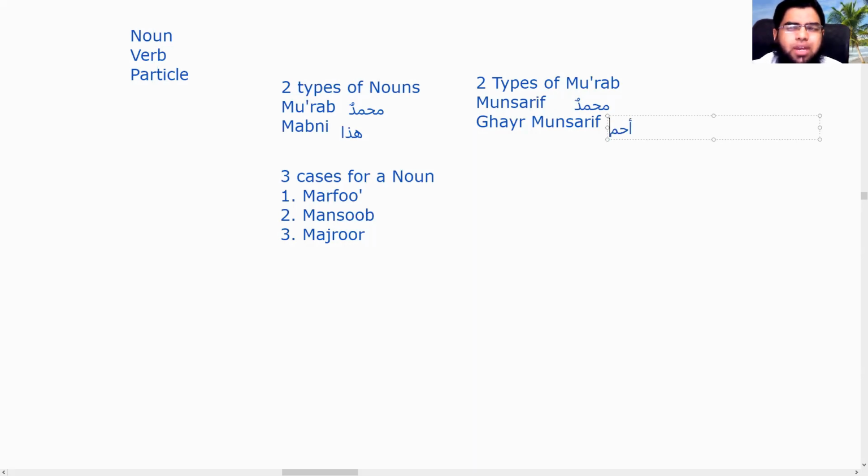He'll bring all the types of Ghair Munsarif in the last lesson of book 3. Fatima too. There are a lot of lists. In book 1, last lesson, we learned briefly about it, and in the last lesson of this book he'll talk about Ghair Munsarif again. And then Marfu is Muhammadun with a Dhamma ending. Mansub is Muhammadan.